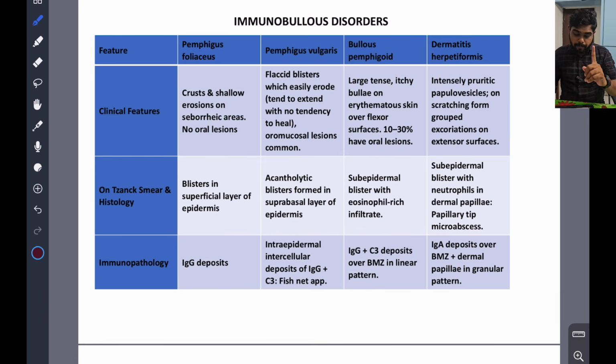Now we'll discuss the immunobullous disorders. We have the pemphigus group of disorders: pemphigus foliaceus and pemphigus vulgaris, where vulgaris means most common.